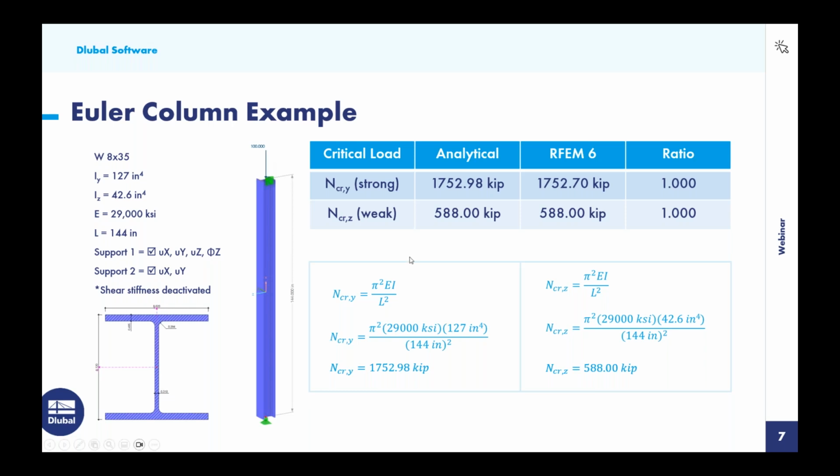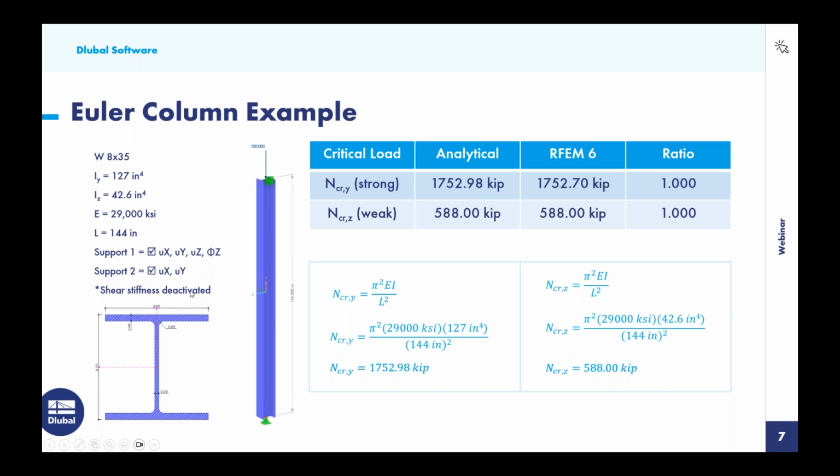Now, when we look at the Euler buckling formulas shown over here on the right-hand side, we have both the strong axis, where we can simply input the properties of the section and the material to determine that our critical buckling load for that strong axis direction is around 1753 kips. For the weak axis direction, when we modify this input here, we find, of course, a much smaller critical buckling load of 588 kips.